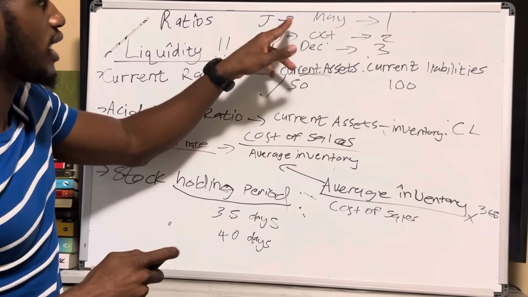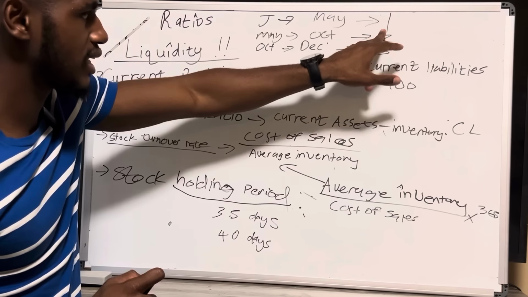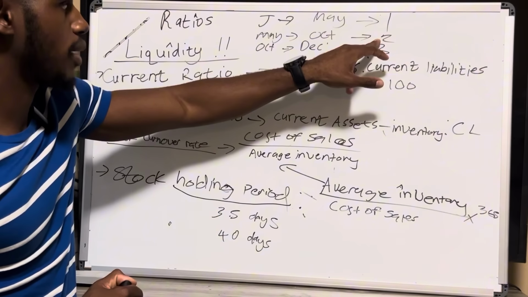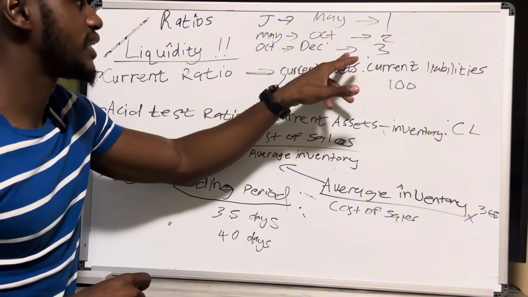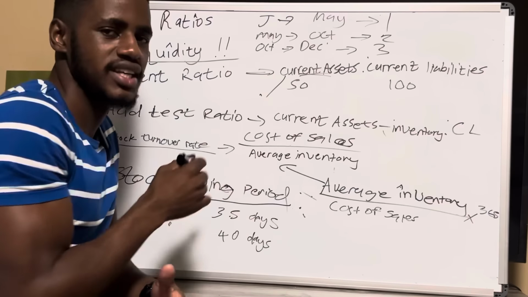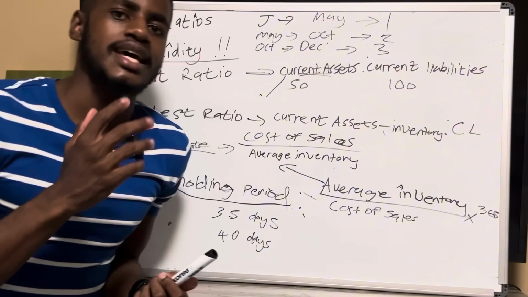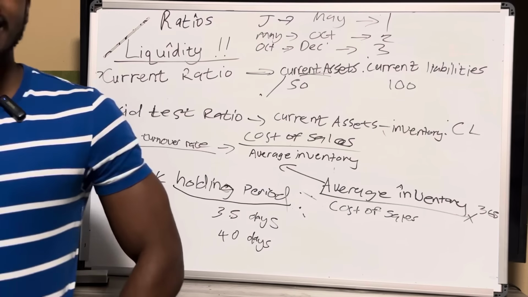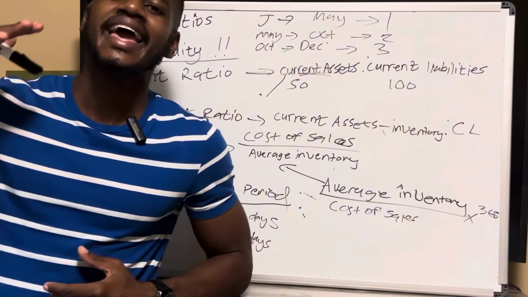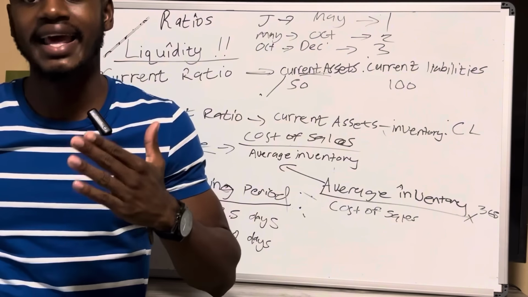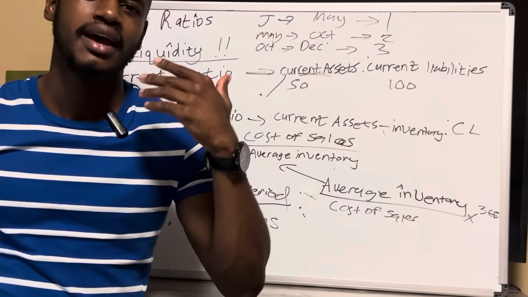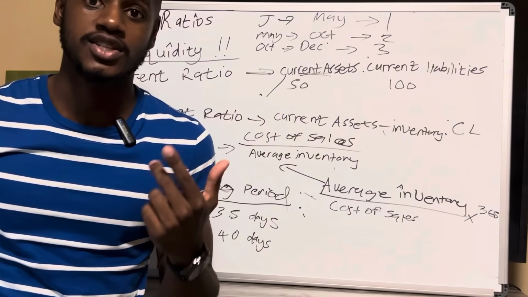That is our stock turnover rate. Obviously, we want our stock turnover rate to be as high as possible because we want to sell and finish all of our stock as quickly or as frequently as possible.